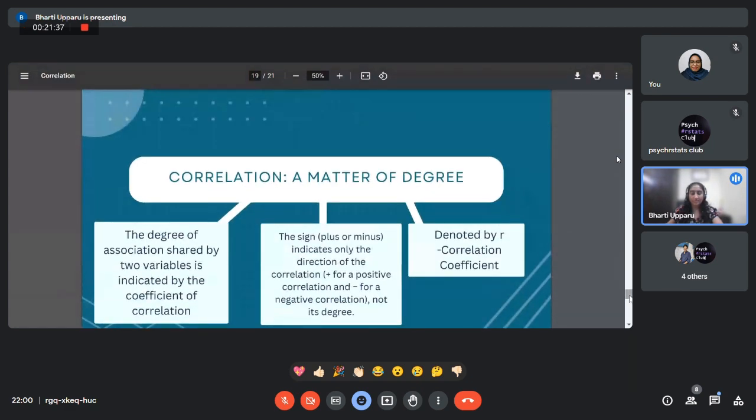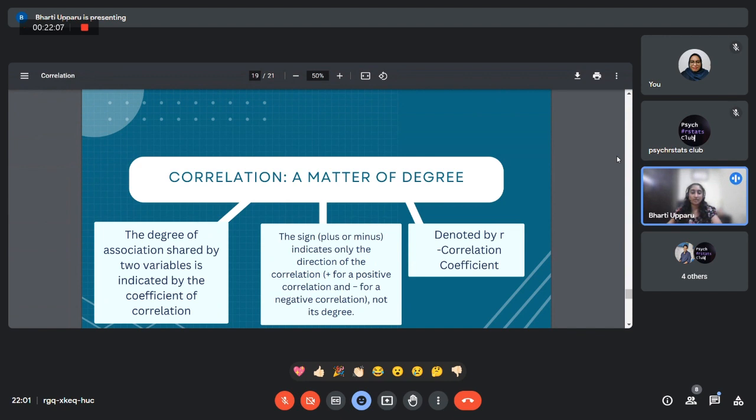At last, we'll talk about correlation as a matter of degree. The degree of association shared by two variables is indicated by the coefficient of correlation, which we'll not be speaking about today, but if any other speaker who comes next could take it up. As we discussed before, the sign indicates only the direction of the correlation, not its degree.